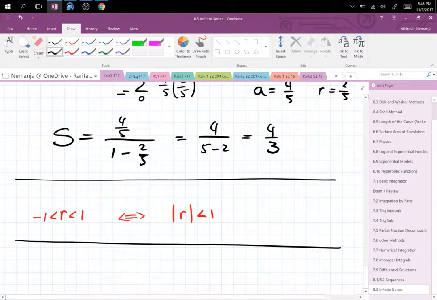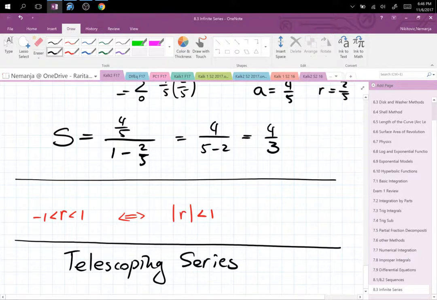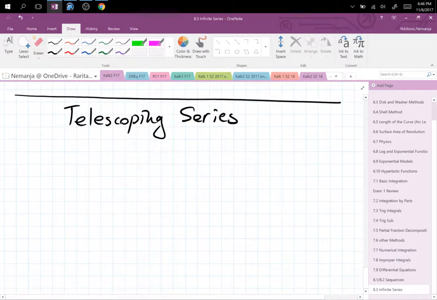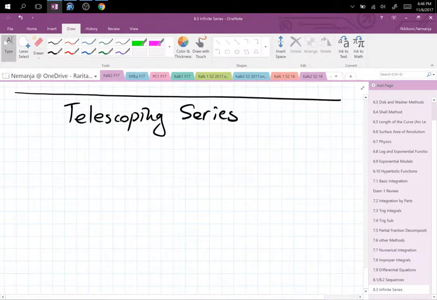One more test and we're done. And this one doesn't have a theorem, it's a procedure. It's called telescoping series. Your textbook doesn't make a big deal out of this. I believe they mentioned it as an example or maybe two examples. They don't give it the proper treatment.